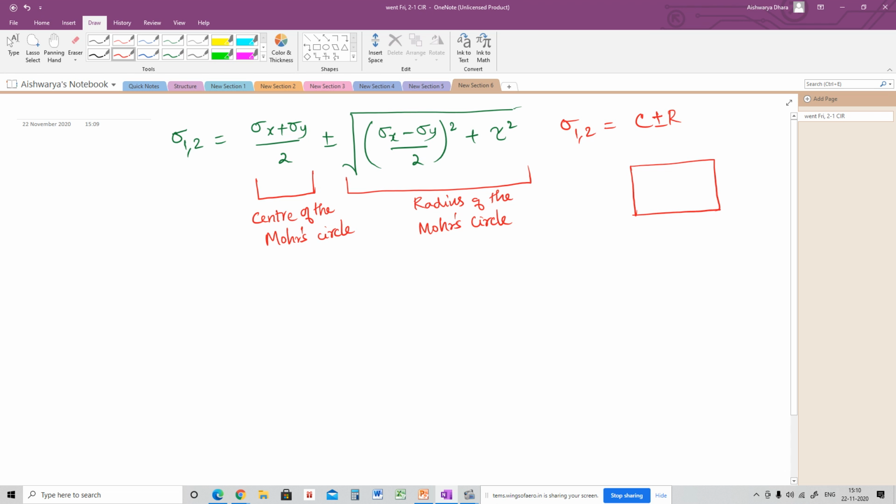Just again I am telling, remember this is sigma x, the direct stress acting on the body. This is sigma y along the y direction, and these are the shear stresses tau.